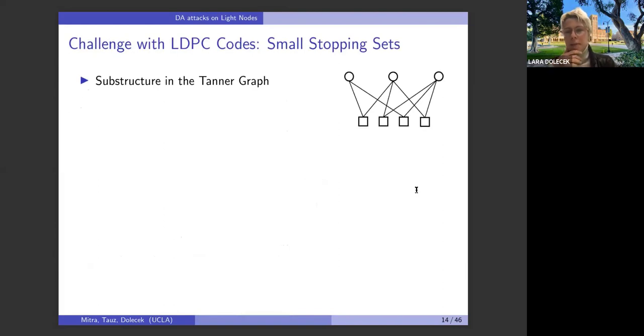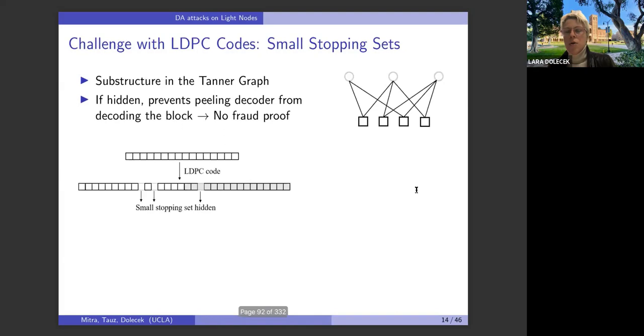The problem with LDPC codes that is quite critical in this application is something known as a stopping set. What is particularly problematic are small stopping sets. Stopping sets are configurations that exist in the Tanner graph representation of the code. One example is here on the right. It is a configuration where we have 3 variable nodes and 4 check nodes, and every check node is connected twice in this picture, and every variable node is connected at least twice.